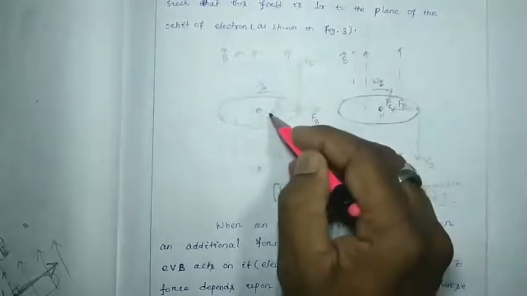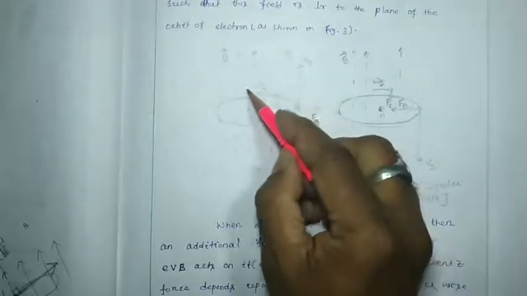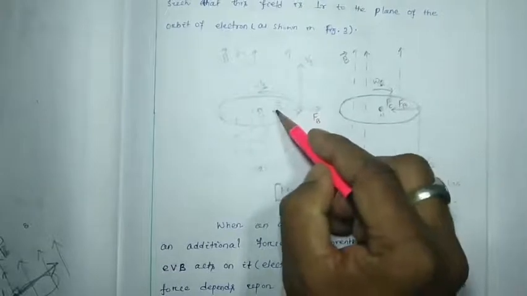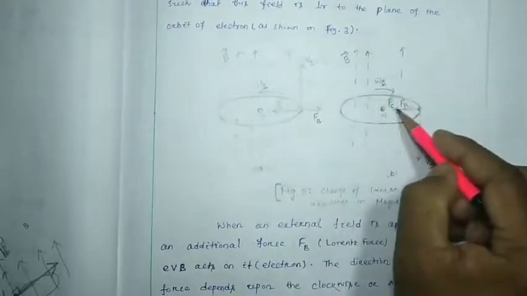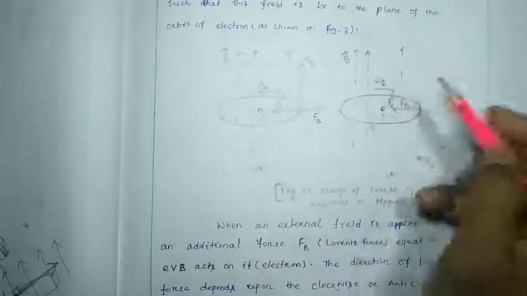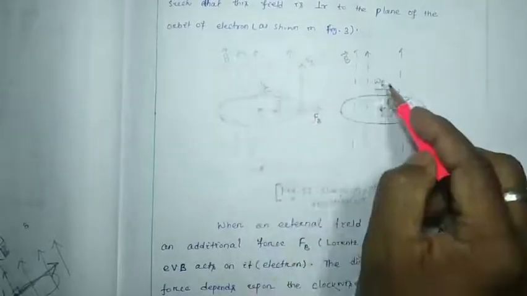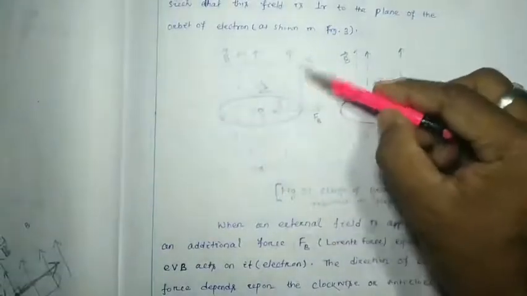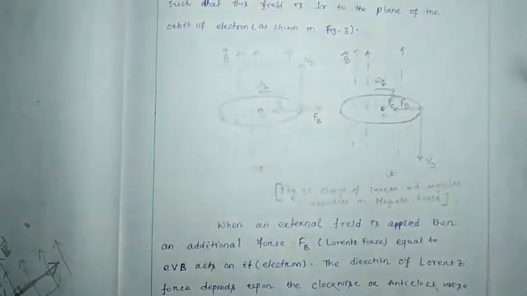If the centripetal force is different, obviously its angular velocities will be different and the corresponding linear velocities will be different.